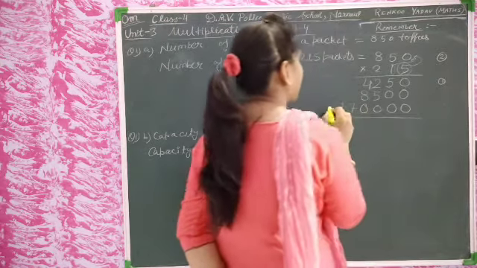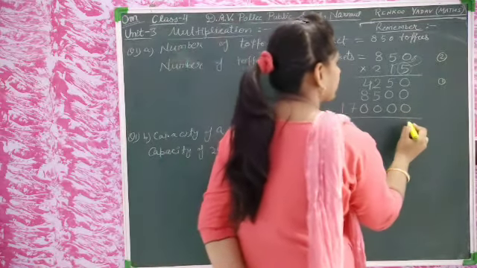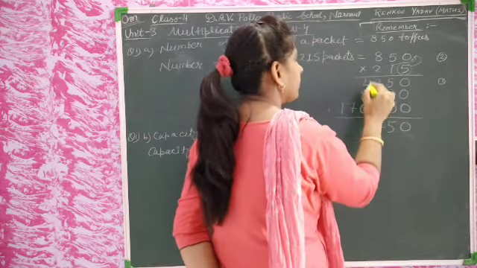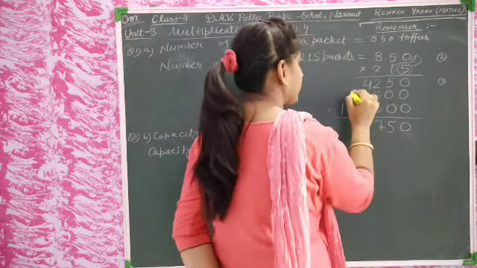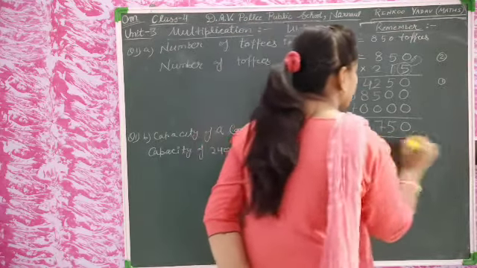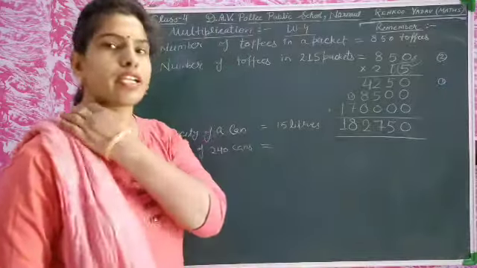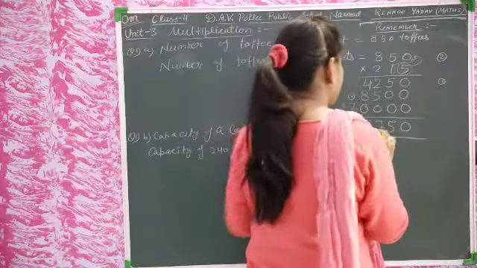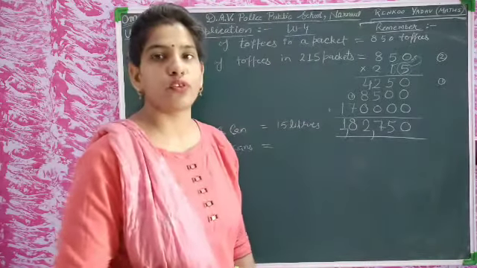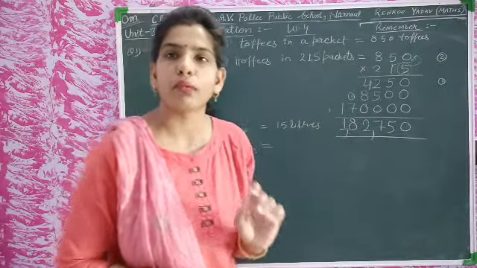Now we have to add all the numbers. 0, 5, 7, 12, 1 is carrying, 7 plus 1, 8, and this is 1. How many toffees will we get? This is 1,82,750 toffees in 215 packets.